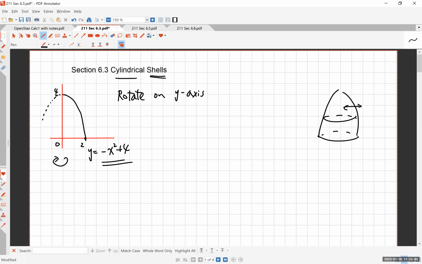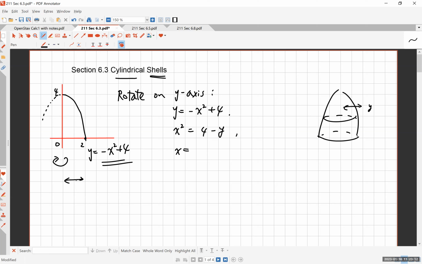well, we have to figure out x in terms of y, because we are revolving about the y-axis. Using the disk method, when you revolve about the y-axis, for each y you have to find x in terms of y. So if y is equal to negative x squared plus 4, and you solve this for x, x squared is 4 minus y. And by the way, here you can see that x is positive.